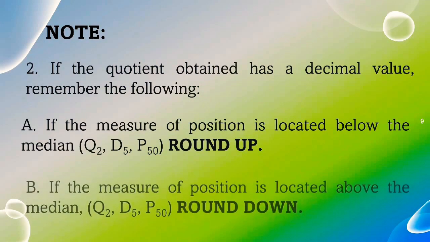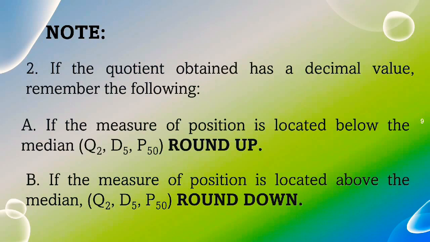On the other hand, if the measure of position that we are looking for is located above the median, we are going to round down. So these rules that I am reading right now will be applied on the succeeding examples that will be shown on your screen under the Mendenhall and Sincich method.